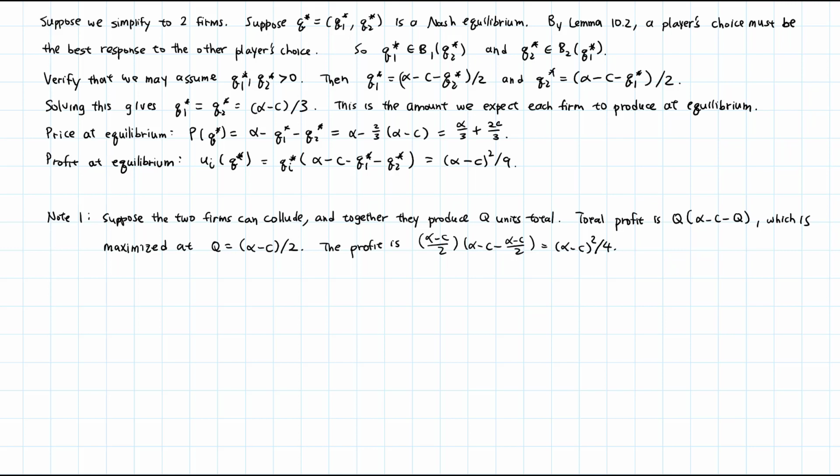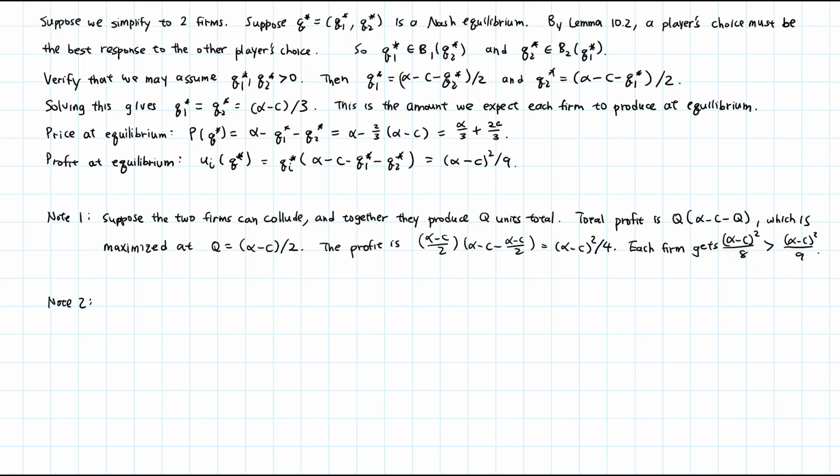Splitting the profit equally among the 2 firms, we get that each firm gets alpha minus C squared over 8, which is greater than alpha minus C squared over 9, the profit we expect at equilibrium. And you can check that the price does go up if the 2 firms collude. So in a small sense, this tells us that colluding is beneficial for the companies, but bad for the consumers.